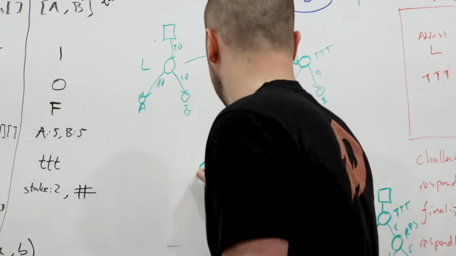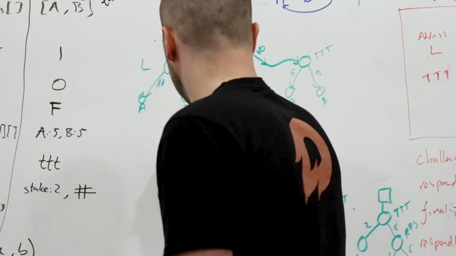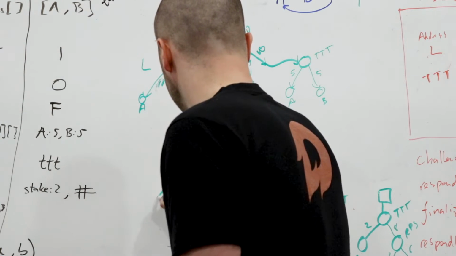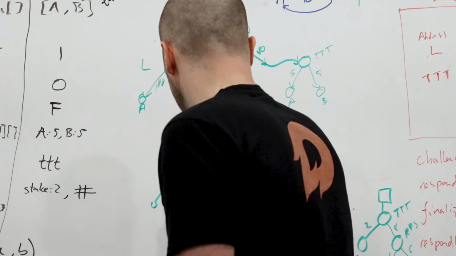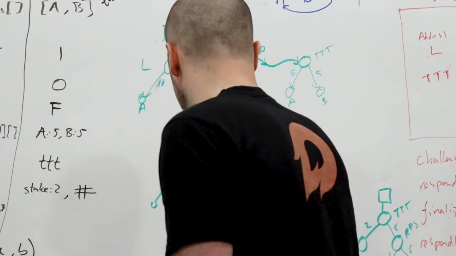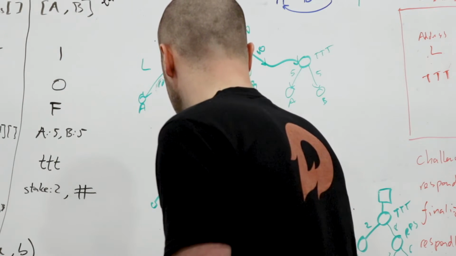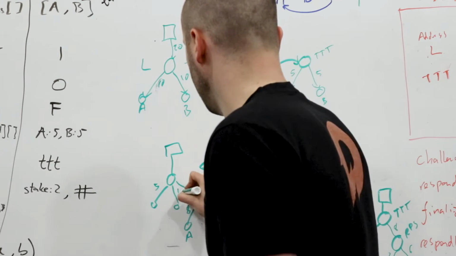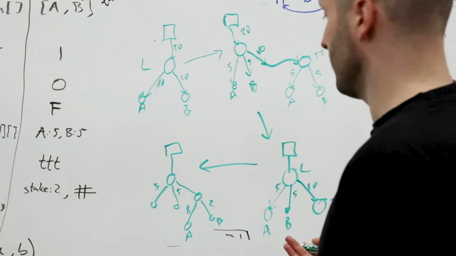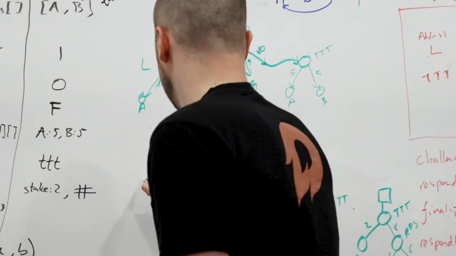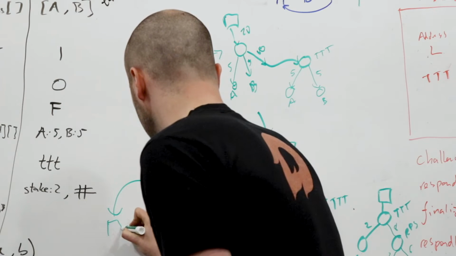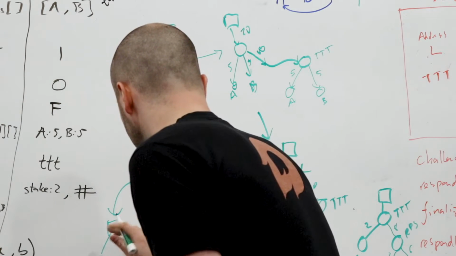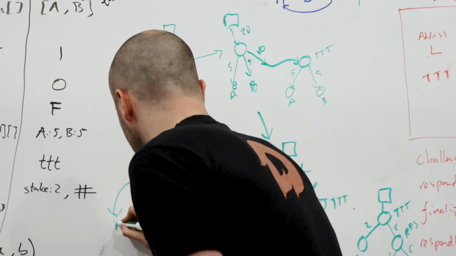And then imagine it comes to an outcome, so I've then got this. Tic-tac-toe is now finished, 8 to Alice, 2 to Bob, 5, 5. I can then close this channel off chain by defunding it and just absorbing those into the ledger channel.